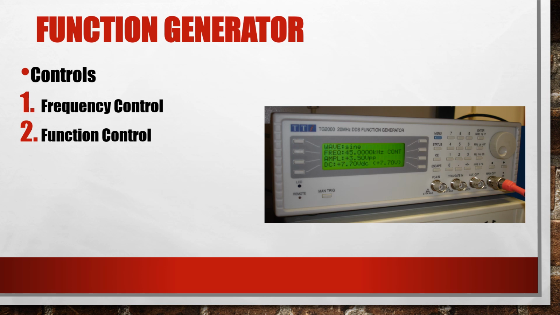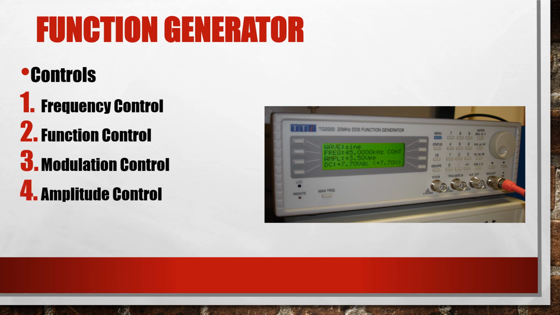First is sine wave, second is square wave, third is triangular wave, fourth is ramp, fifth is pulse, and sixth is sawtooth wave. Third is modulation control. It is used for selection of frequency modulation. Next is amplitude control. It is used for selecting desired amplitude of the waveform.